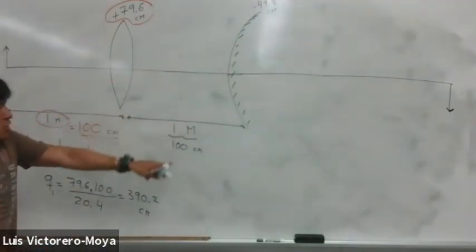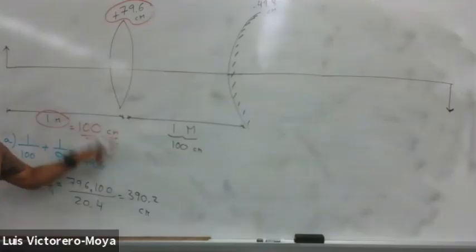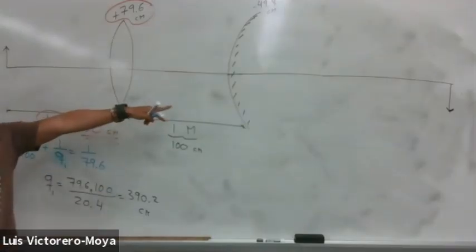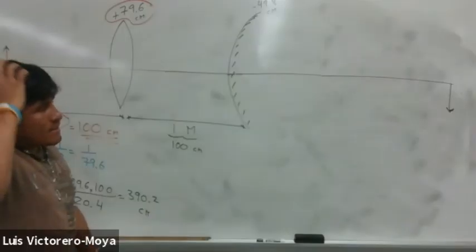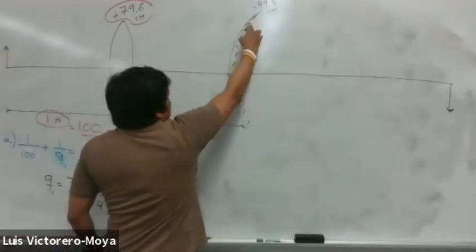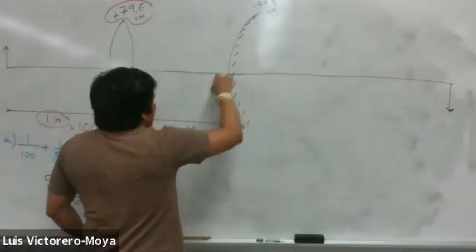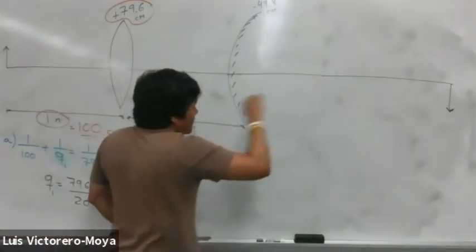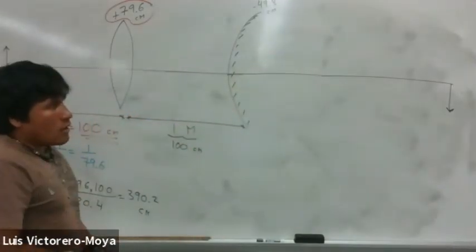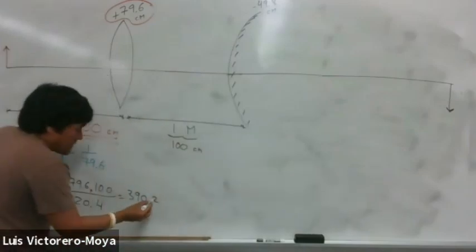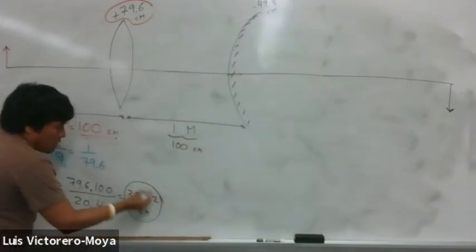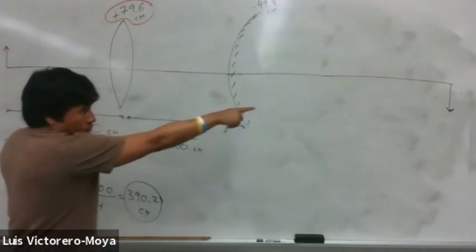So the image, because of that, of this object is very far. What type of object is that though? Once you put this mirror here, in between the lens and the object, what type of object is that for this mirror? Because this is a real image.